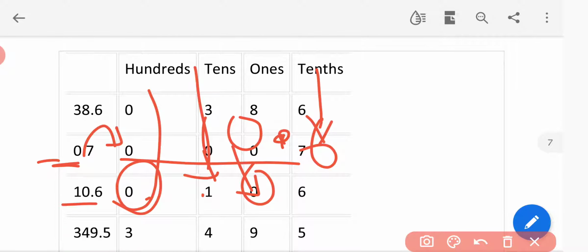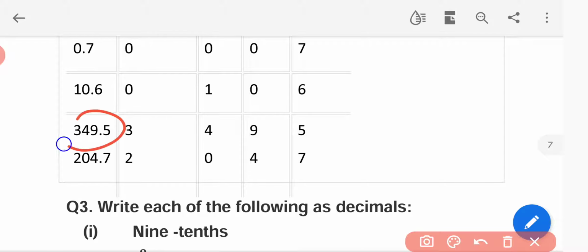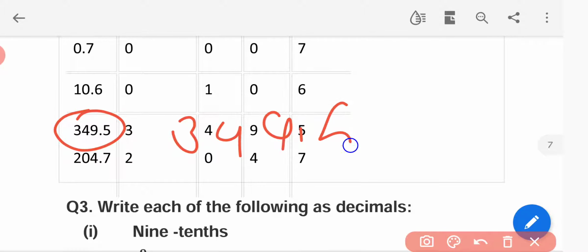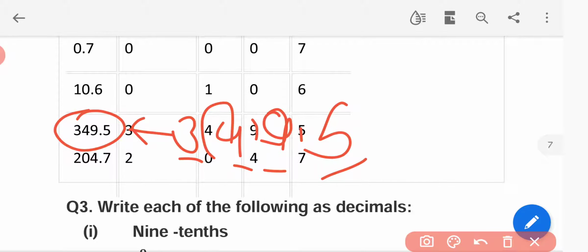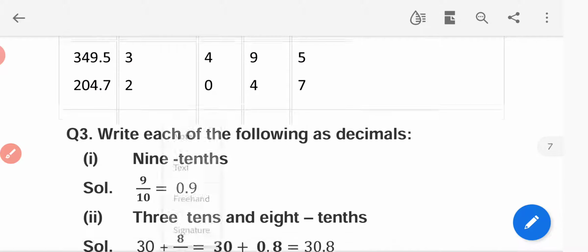And after decimal, which is the number given? Given here 6, so write here 6. Same the next one, 349.5. It is ones, tens, 100, and tenths. So in ones write here 9, at place of tens 4, and place of 100 3, and after decimal 5. Like this we have solved all the questions.